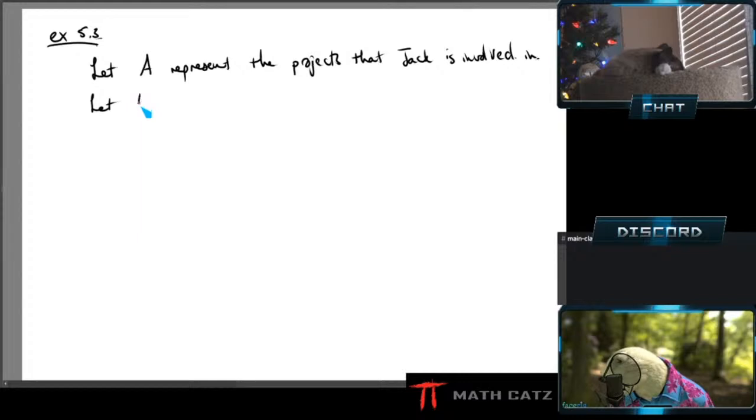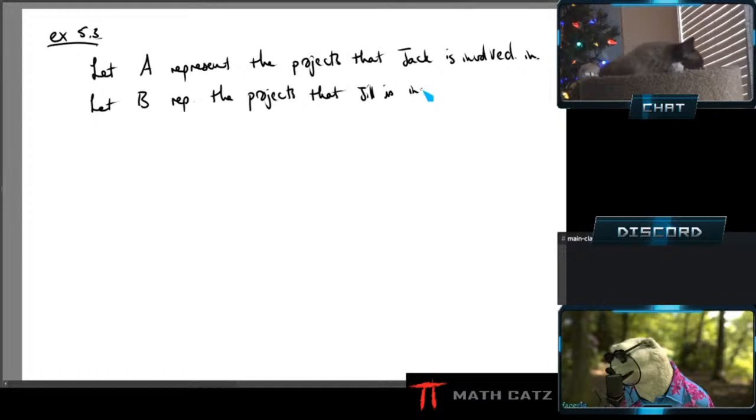And then B is going to represent the projects or the collection of projects that Jill is involved in.